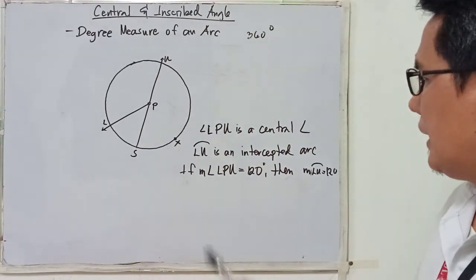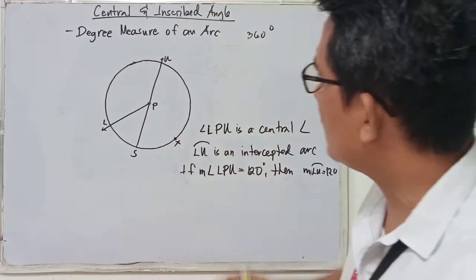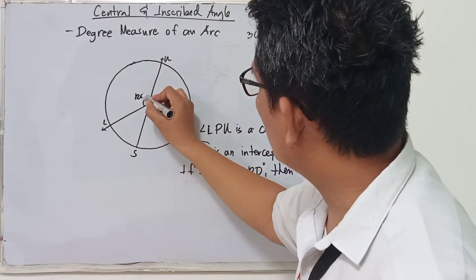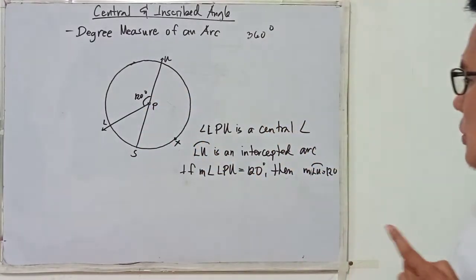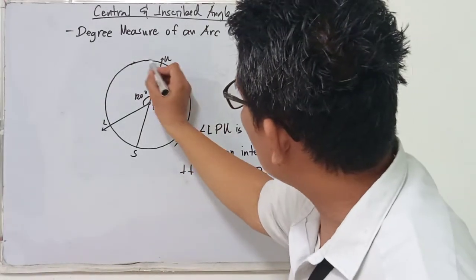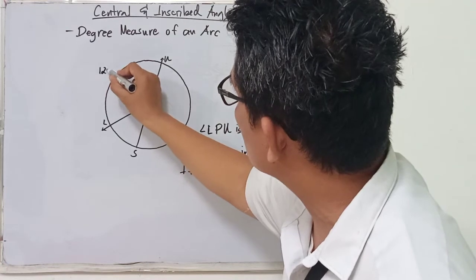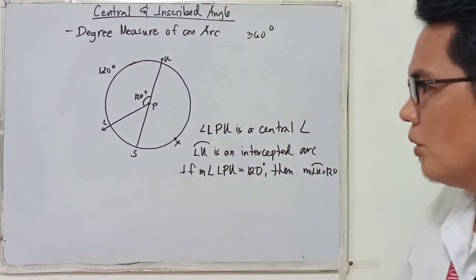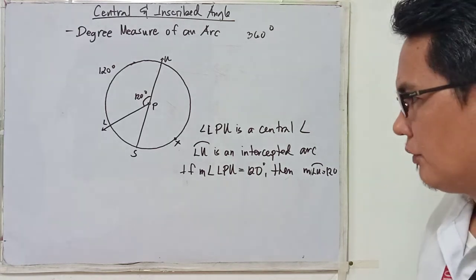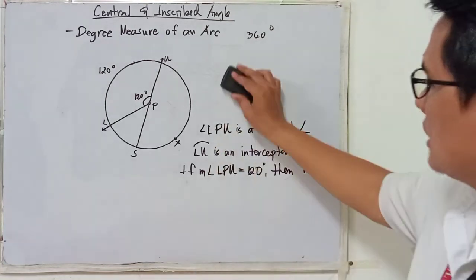If the measurement of this angle is 120 degrees, what is the measurement of our intercepted arc? Therefore, the intercepted arc is also 120 degrees. For number 2, the degree measure of a semicircle is 180.